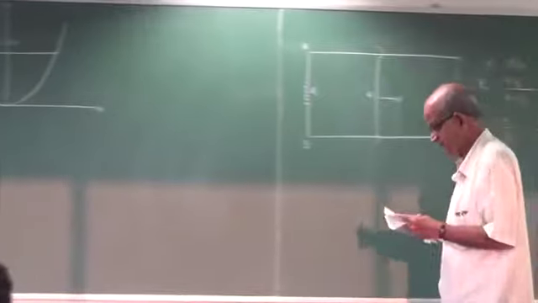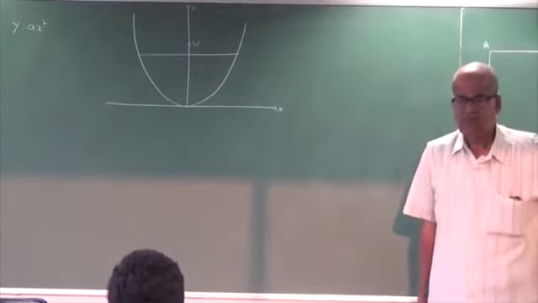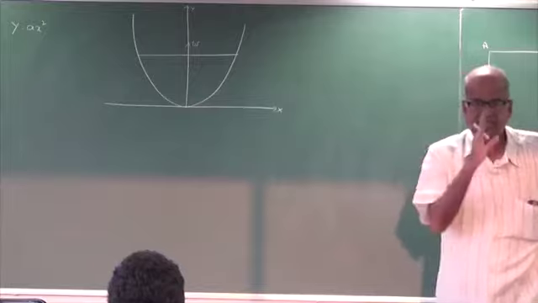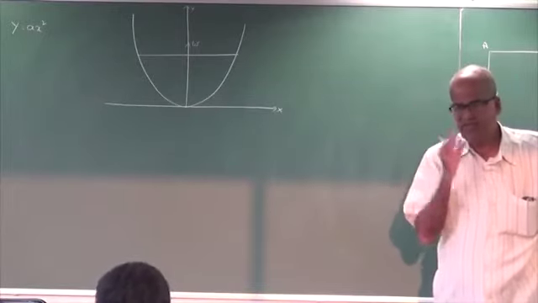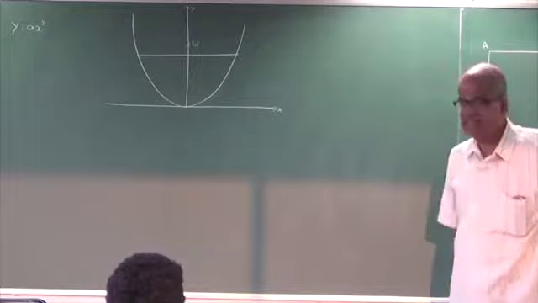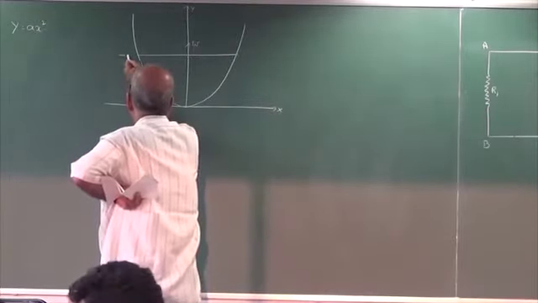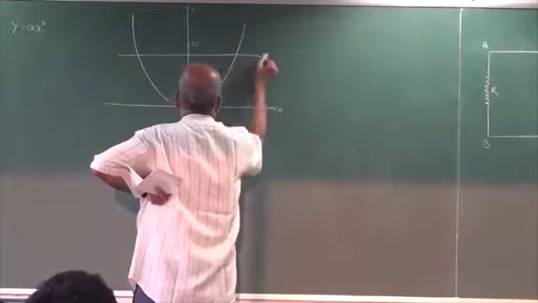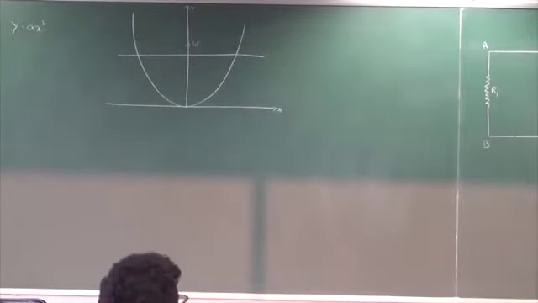How do you do this? EMF induced is given by BLV. B we know. What is L? Say this wire may be like this. He says, what is the EMF induced? Find BLV.